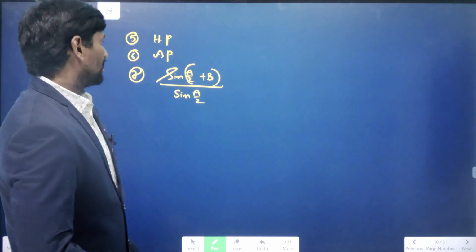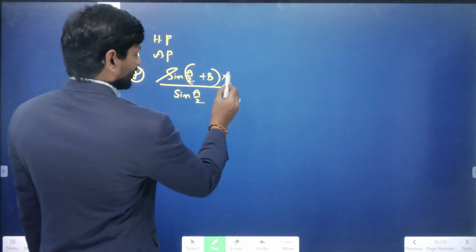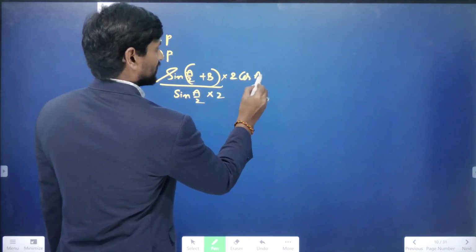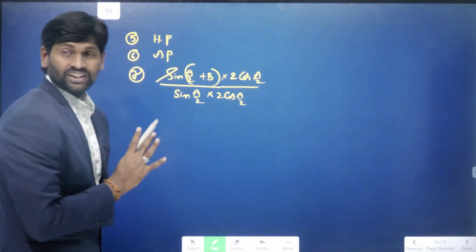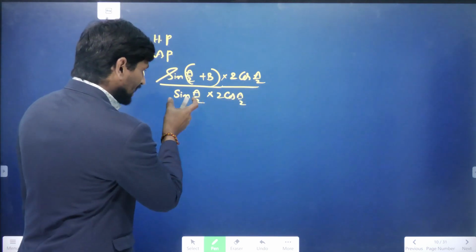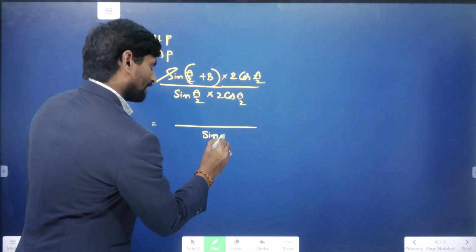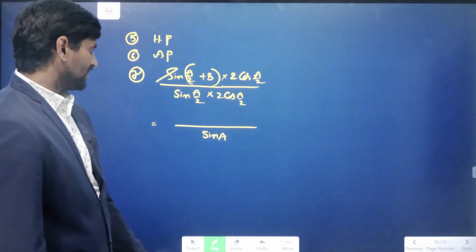For my convenience, I am just multiplying both numerator and denominator with 2 cos a by 2. In the denominator, 2 sin a by 2 cos a by 2 is the formula for sin a.